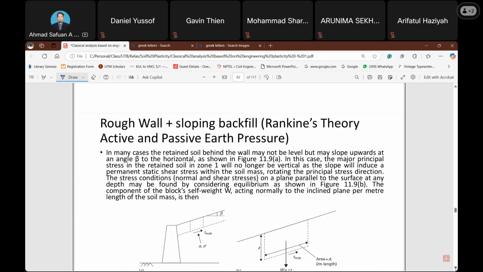Can we take 5 minutes? Later on, I will show the full derivation. The first part is to determine the theta fan. So from the theta fan, we need to work out to determine the PAP.